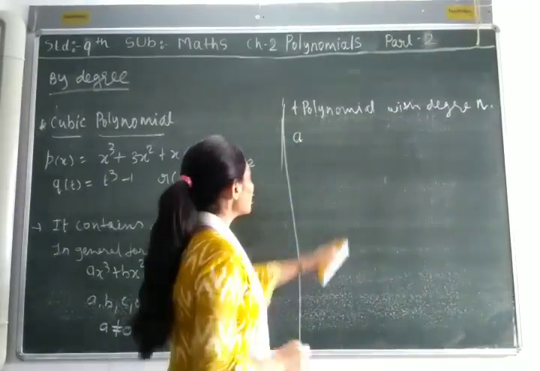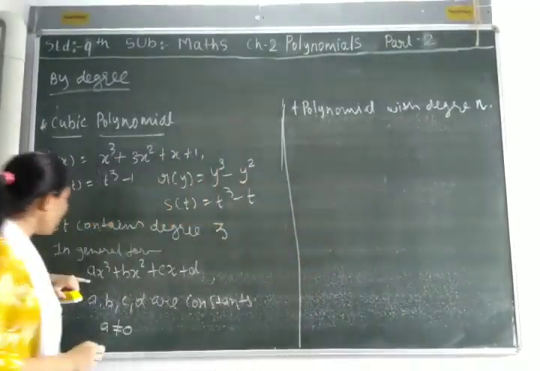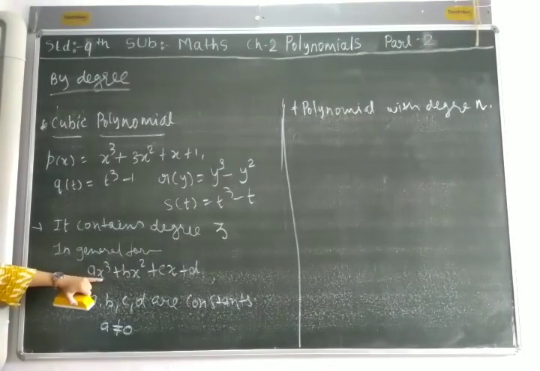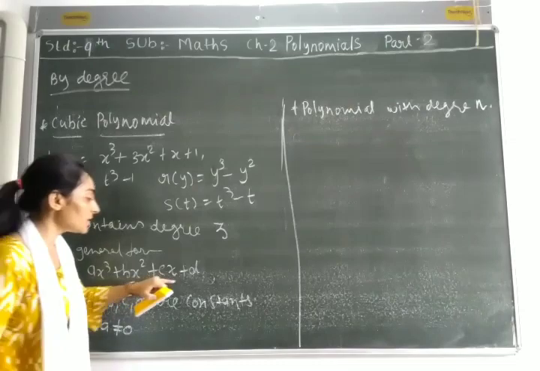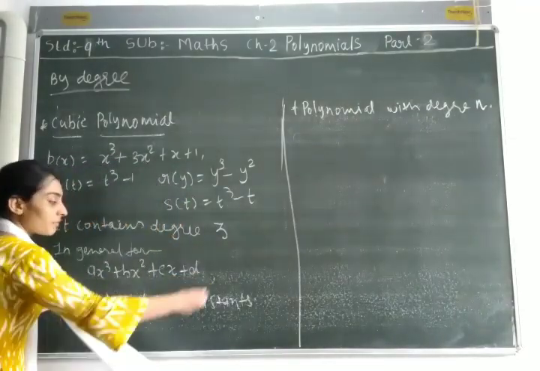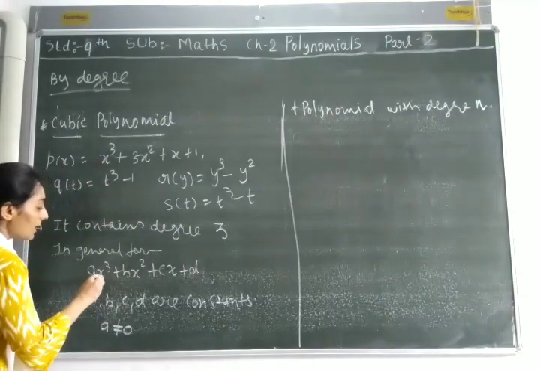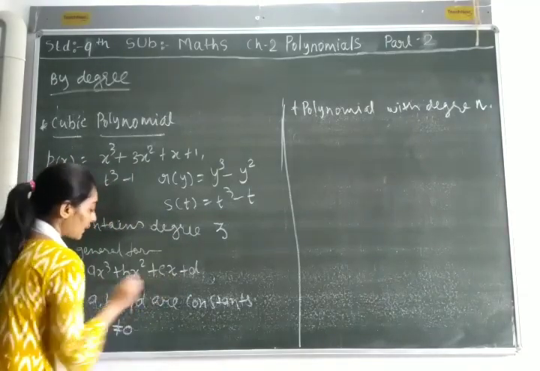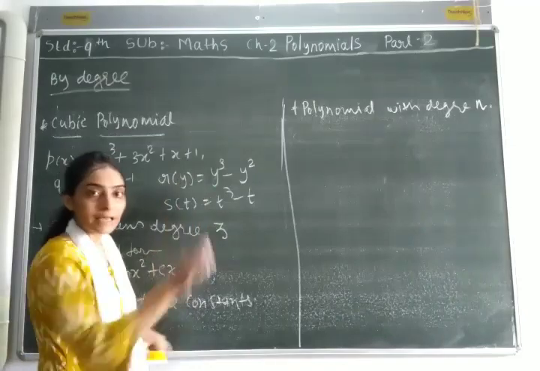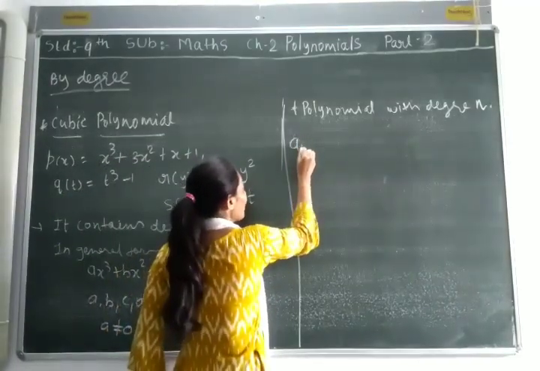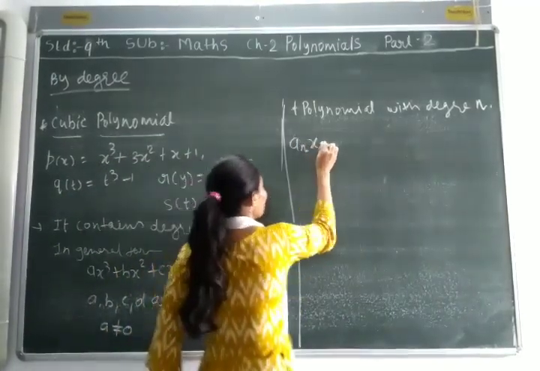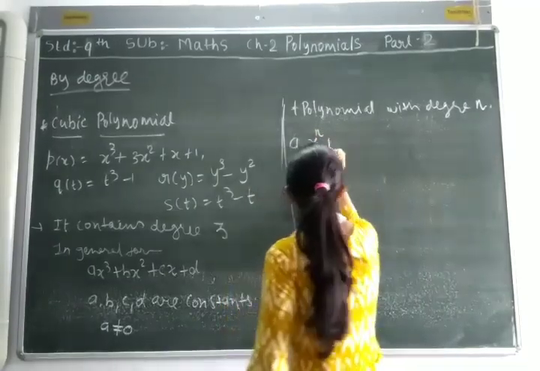As you can see, in general form, the constants are there and the variable's power is n. Here there are only 26 alphabets, so I cannot write more than 26 letters. So I am taking a1 instead of a, b, c. I am taking a1, a2, a3 until n. Okay. So my a n and the variable power should be x to the n.